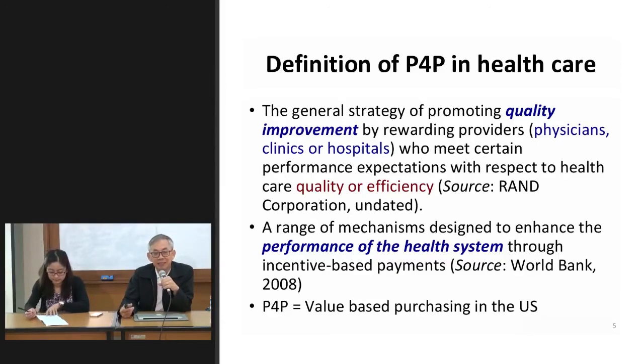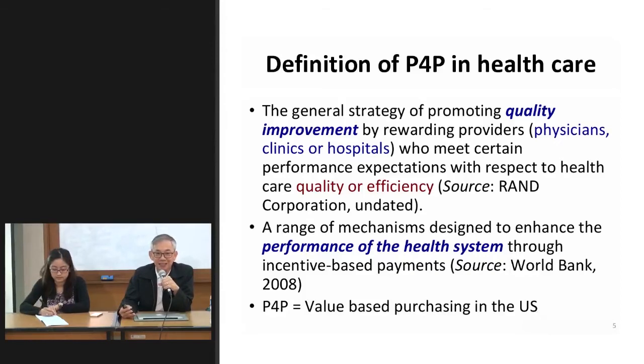The second definition that I put here is that it's a range of mechanisms. Pay for performance is a range of mechanisms designed to enhance performance of the health system through incentive-based payment.